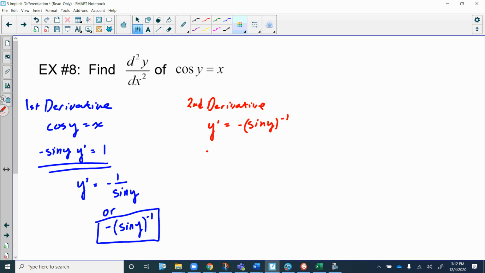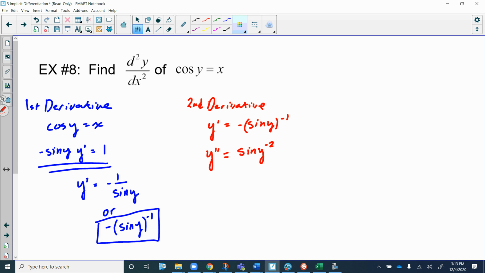Now let's do the second derivative, y double prime. Here we're very much going to have to use the power rule, the chain rule, everything that we've been doing. So the derivative of the whole thing, the negative 1 exponent times the negative in front of the parentheses will give me a positive value. And so that will give me overall sine of y to the negative 2 power when I use the overall power rule on that expression.